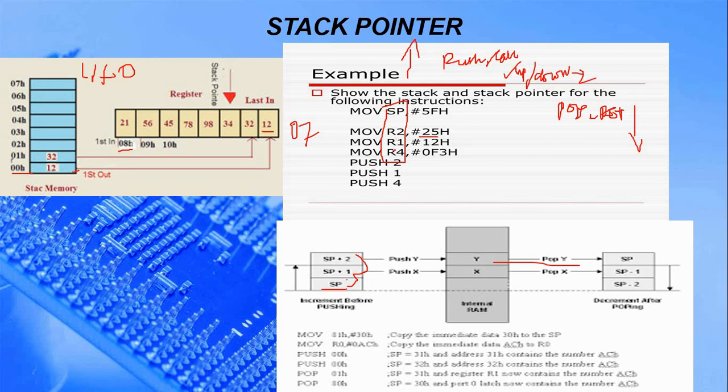R1 holds 12H, so push 1 means 12 is given from register R1. Push 4 with F3H means F3 is fed from register 4. It is a small syntax of stack pointer. This is the stack pointer operation.